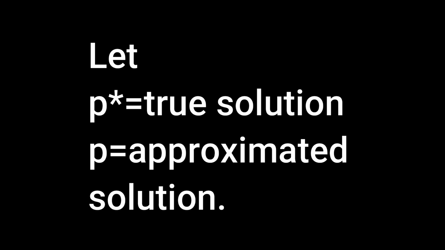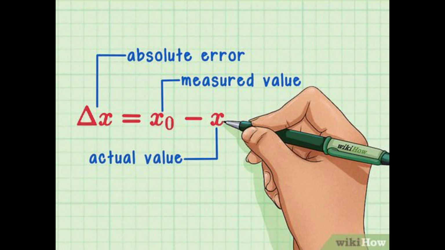So one is our true calculation or actual value, and the other one is the approximated value. The first type of error is the absolute error. Remember that error cannot be a negative number, so we always write it in the mod form.